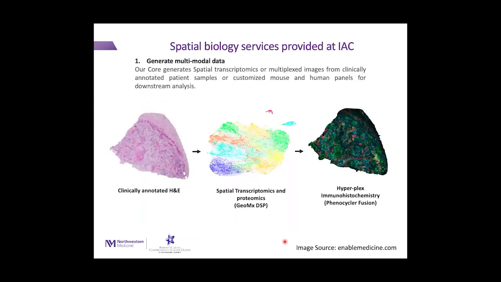So moving forward, how can our core aid in these spatial biology studies? We have spatial biology platforms that can generate multimodal data. So we can generate spatial transcriptomics or multiplexed imaging data from clinically annotated patient samples, or customized mouse or human panels for downstream analysis.